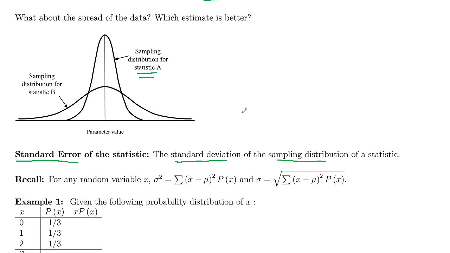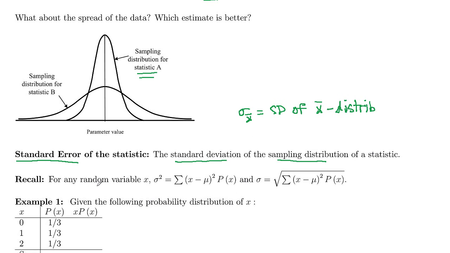So for example, we'll write things like this: sigma with a subscripted x bar, and that is going to be the standard deviation of the x bar distribution. So it's the standard deviation of a sampling distribution as opposed to the sample standard deviation of the original data. So that's what that symbolism means.